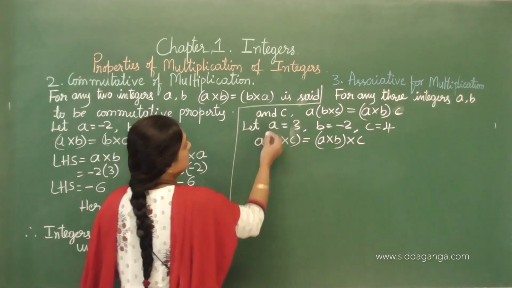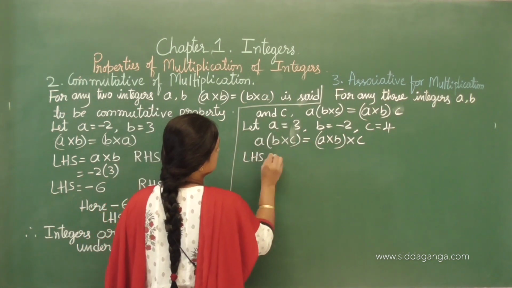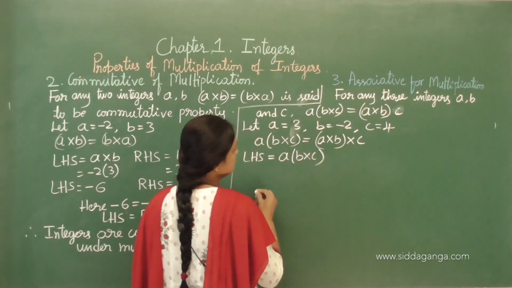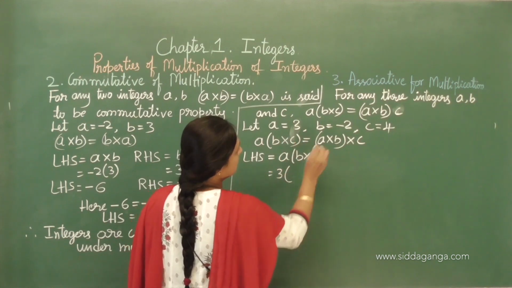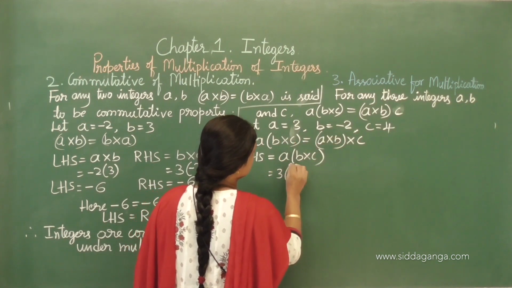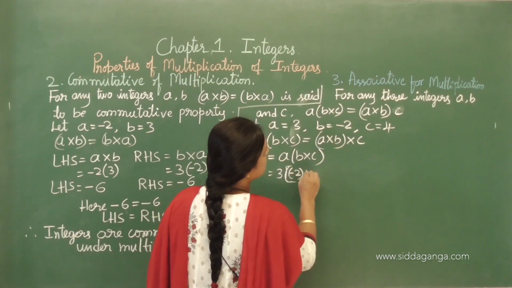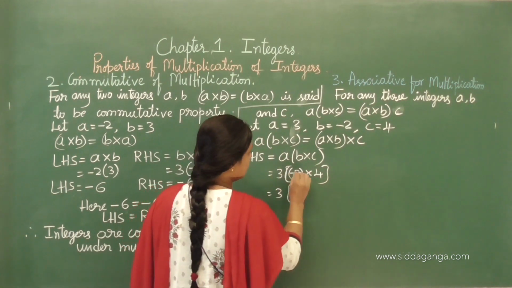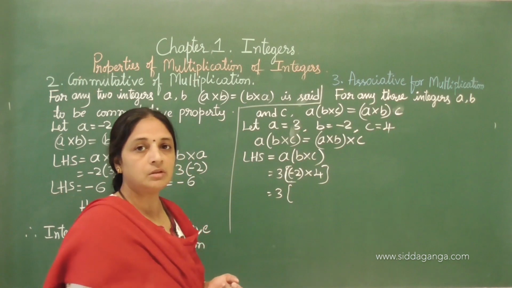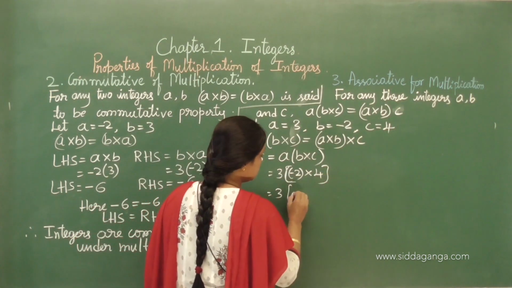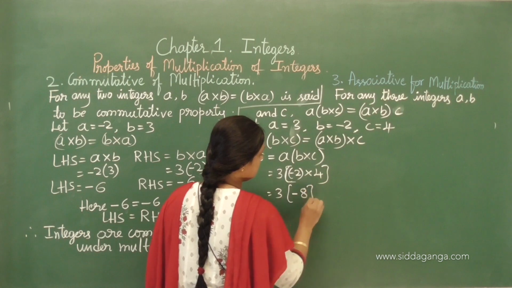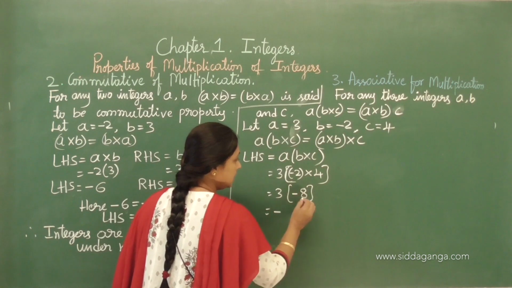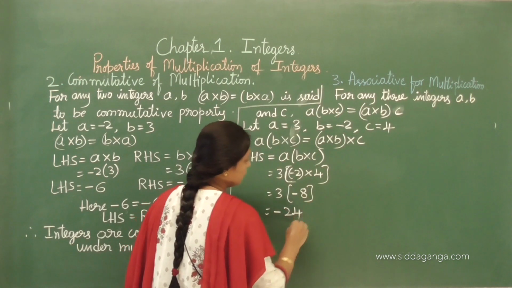So LHS: a is 3, b is minus 2 and c is 4. Keep 3 as it is. Multiply the integers in the bracket. So minus into plus is minus, 2 4s are 8. Then again multiply 3 and minus 8, plus into minus is minus, 3 8s are 24.